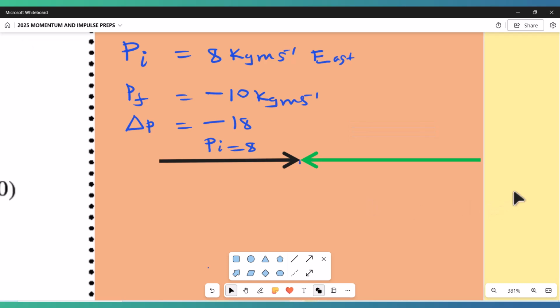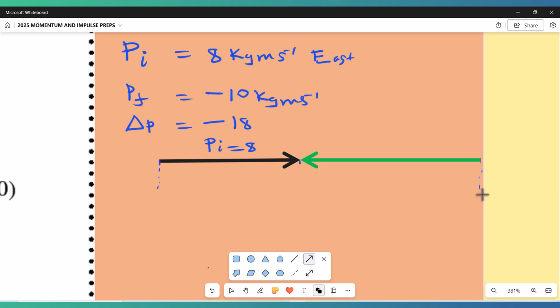Okay, so now here, if I want to get my change in momentum, what I'm going to do, I have the tail here for the first vector, like this. Then from this point here also, now I'm going to draw my change in momentum. Watch this now.